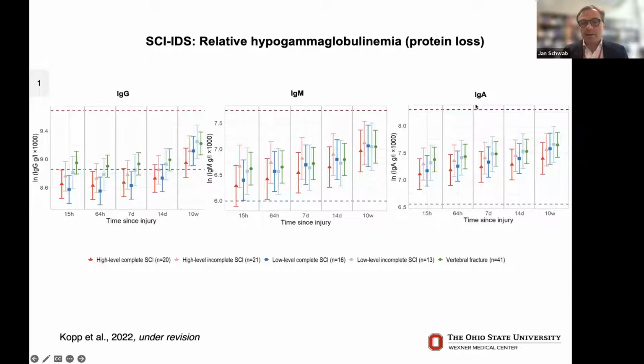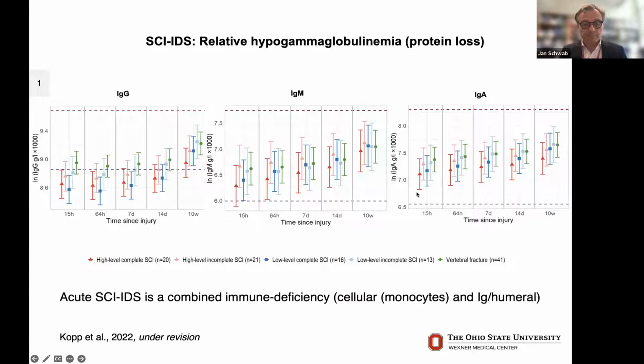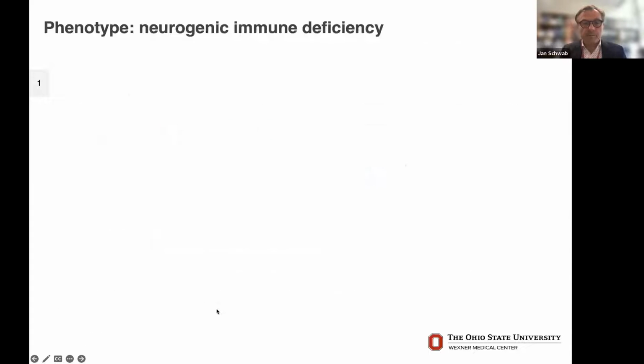And of course IgA is of particular relevance with regard to mucosal immunity, which is also suppressed here. So what does it mean? It means that besides cellular features contributing to immune deficiency, there are also non-cellular aspects adding to it, making it a combined immune deficiency.